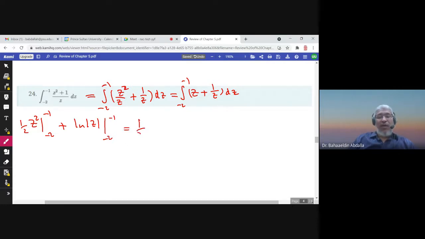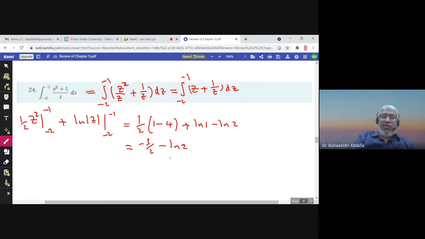So this would be half times -1 to the power 2 is 1, minus -2 to the power 2 is 4, plus ln absolute value of -1 is 1, minus ln absolute value of -2 is 2. So -3 over 2, ln 1 is 0, minus ln 2. So this is the exact answer.